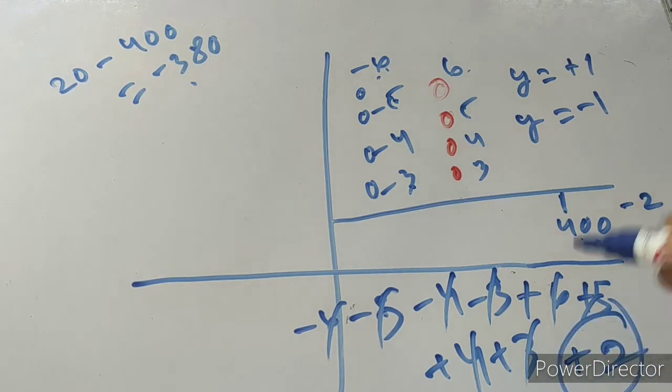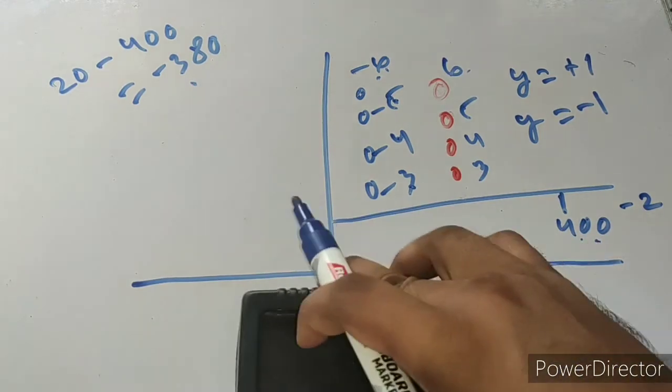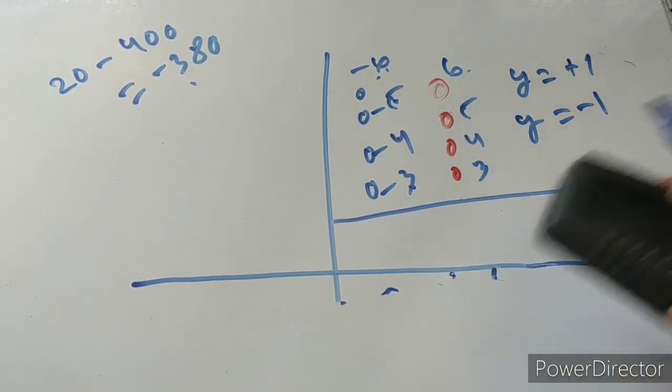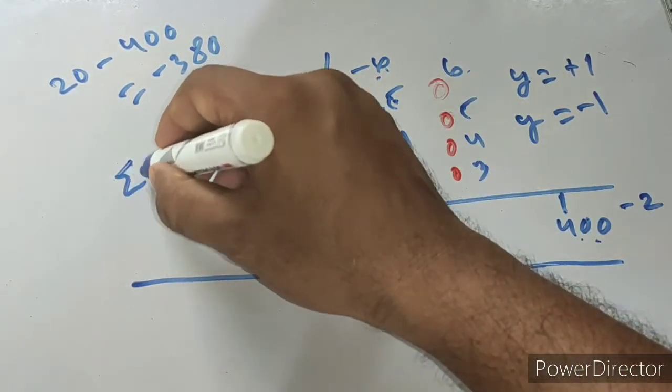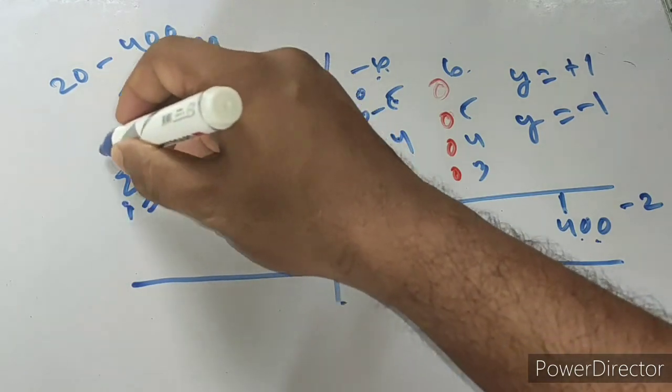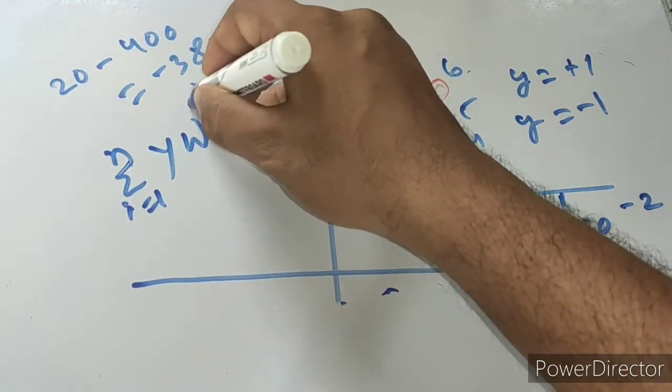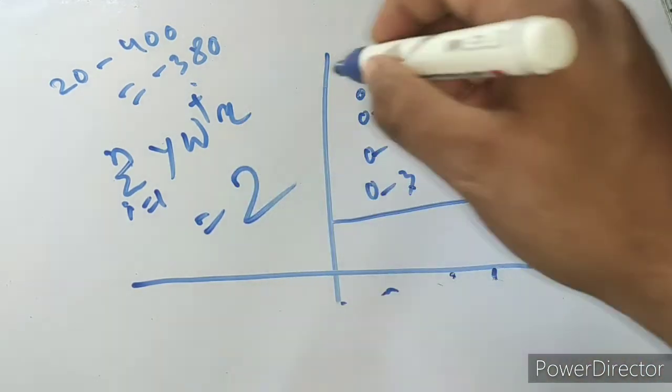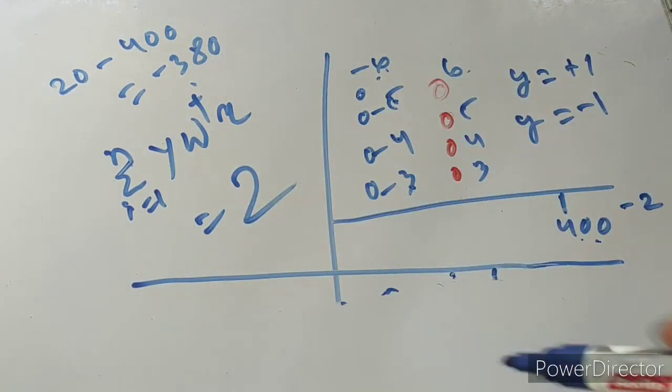The only value remaining is 2. So if we calculate the value, it becomes 2. This is the maximum value which we are getting.